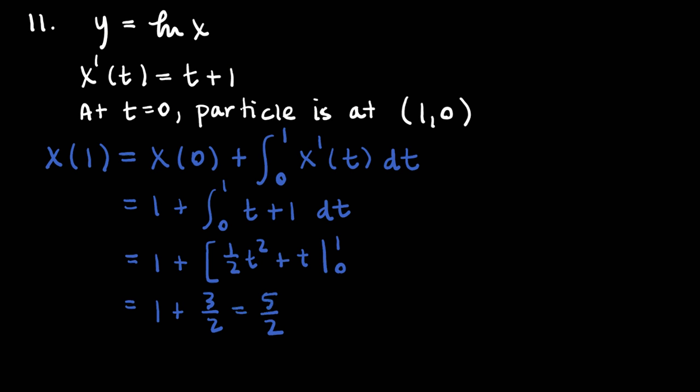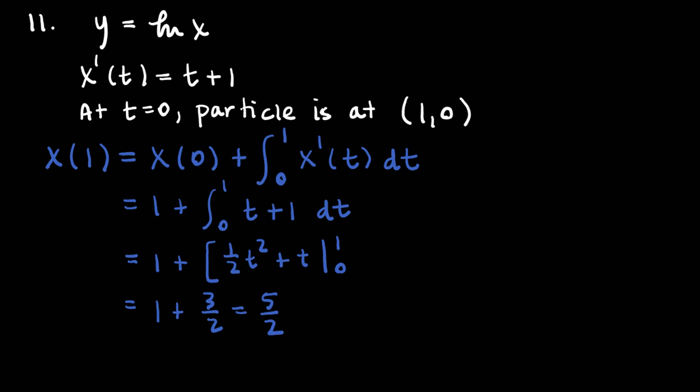Okay, but it didn't just ask for the x coordinate of the object's position. It asked for the position of the particle. But we can go all the way back up to the very beginning and say, okay, we're moving along the curve y equals log x. So at any point on the path, if I've got the x coordinate, I can get the y coordinate by taking the log of the x coordinate.